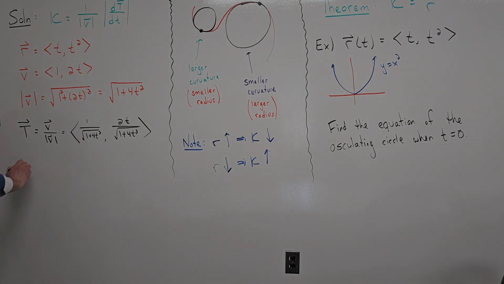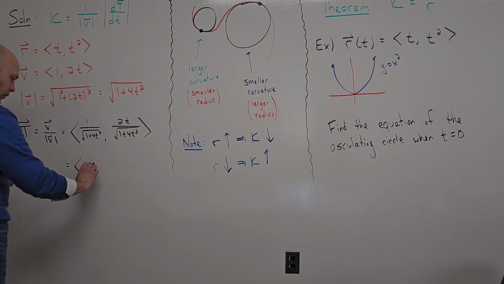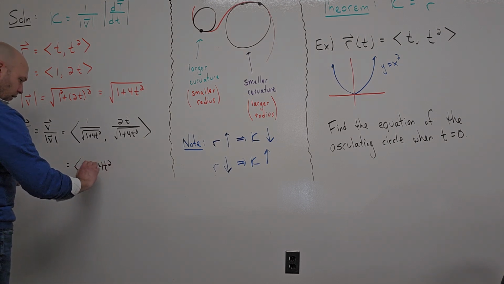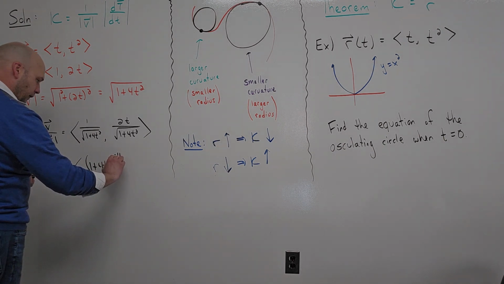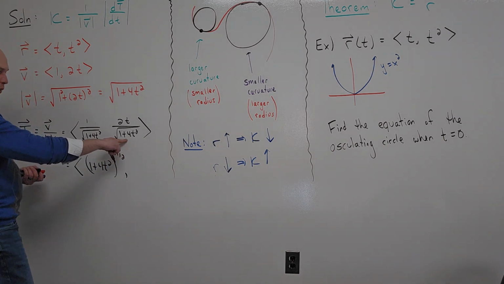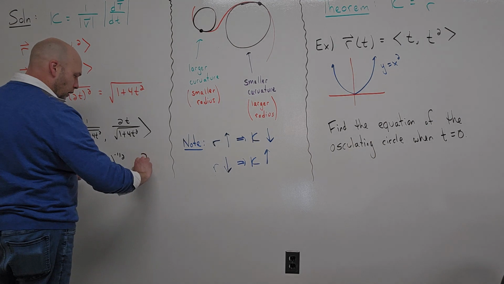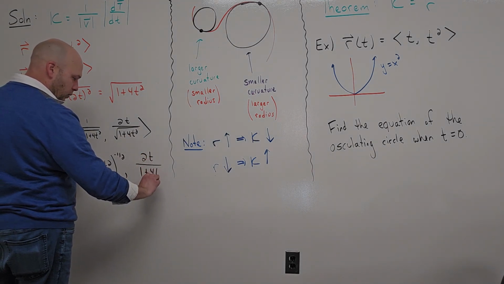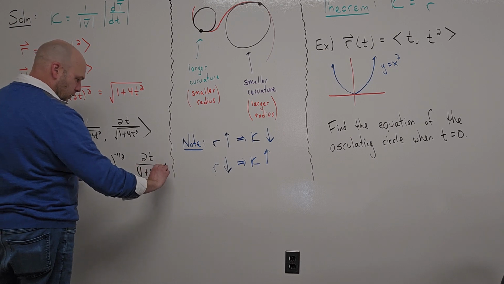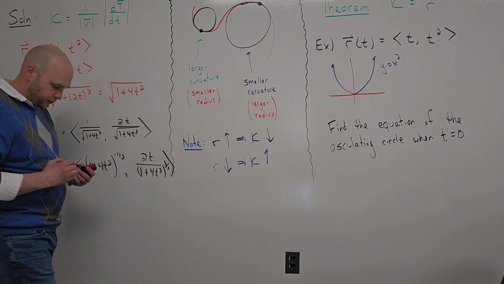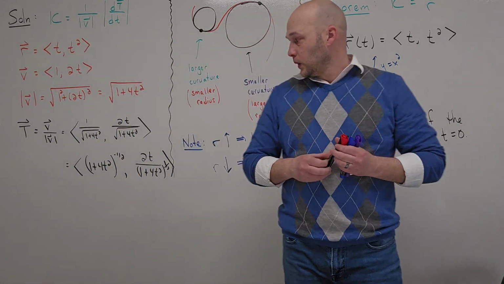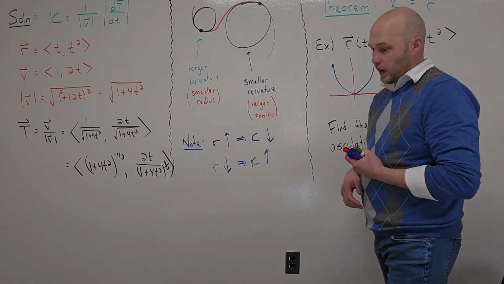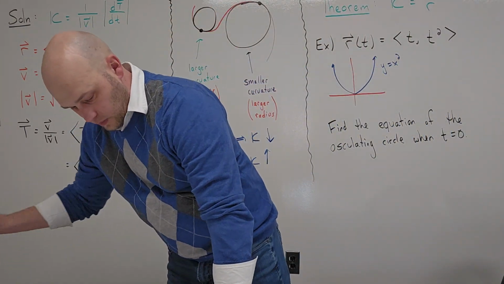So let me rewrite it before we differentiate: 1 plus 4t squared to the negative 1/2. For the second one, we'll just use the quotient rule, but I will write that with a 1/2 power: 1 plus 4t squared to the 1/2 power. All right, let's go through and compute the derivative of that.